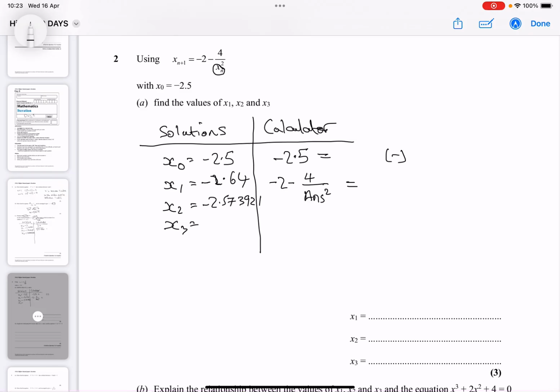Press equals again, I've got minus 2.603767. You think, well, how far do I go? There's no harm writing everything down. You certainly want to go 3 decimal places and beyond. Usually the mark schemes show probably the first 3 decimal places. I've left mine in the table. Do I need to put them in the bottom right hand corner? Not necessarily.